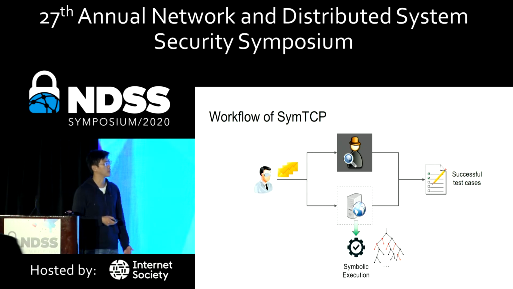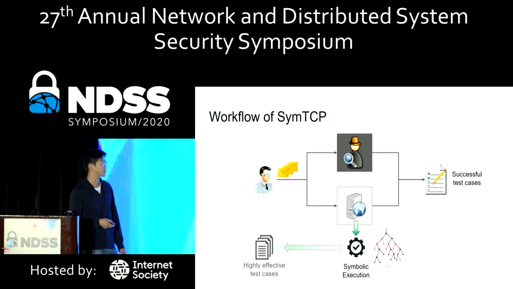Because the server's TCP implementation is usually more complicated than the DPI's TCP implementation, its execution paths are likely to cover most of the execution paths of the DPI. Therefore, we have significantly reduced the number of test cases, and we can generate highly effective test cases that can cover most of the DPI's logic. Then we feed these highly effective test cases back to differential testing to find the discrepancies.